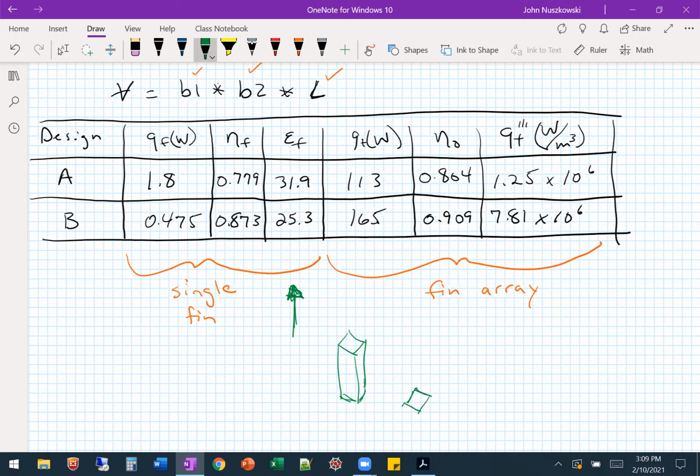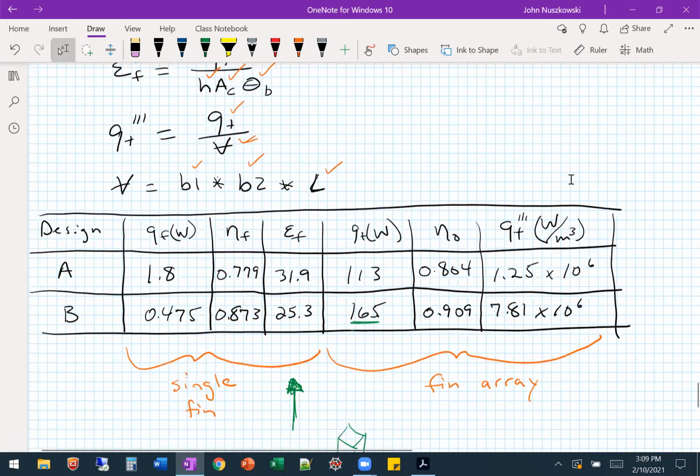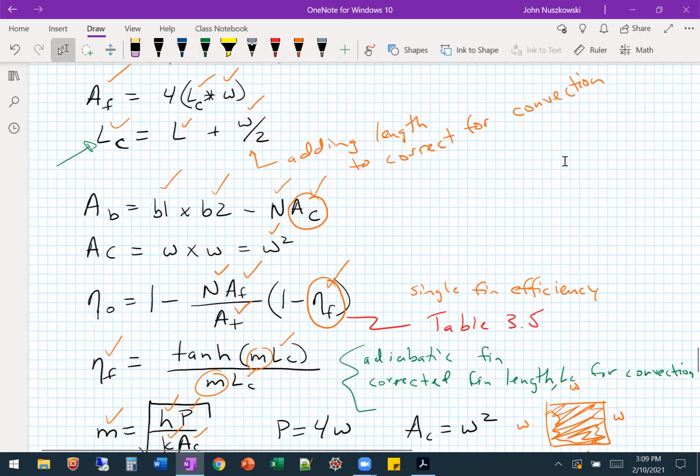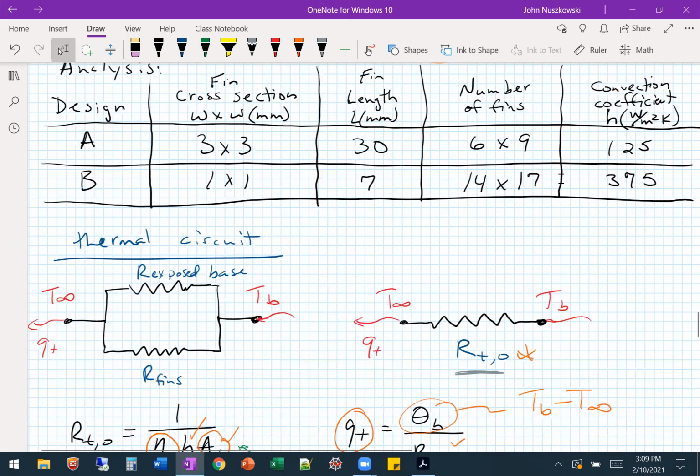So the design is 32 times more effective than if you just had the surface area where that fin was at the base. Those are very good values. The other thing, you see the overall heat coming off of design B is great. And we talked about the convection coefficient being different.